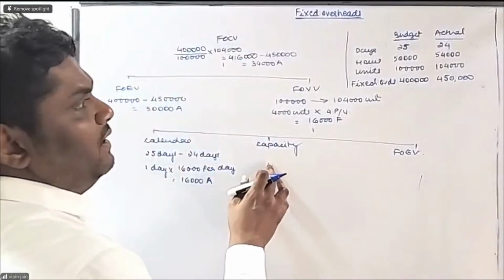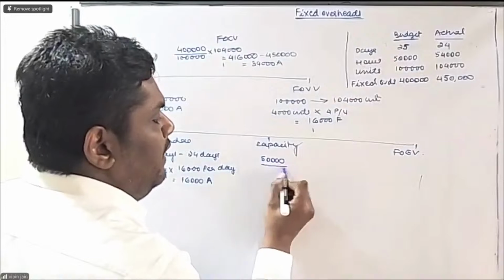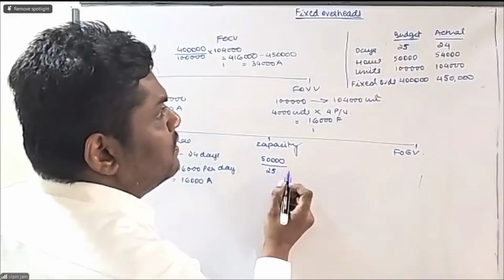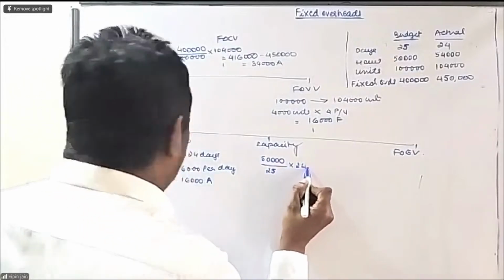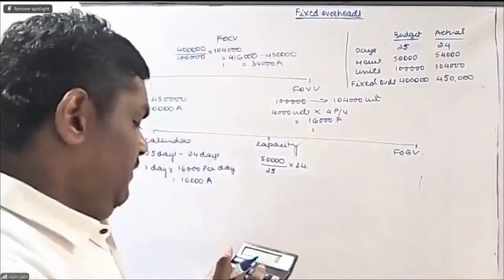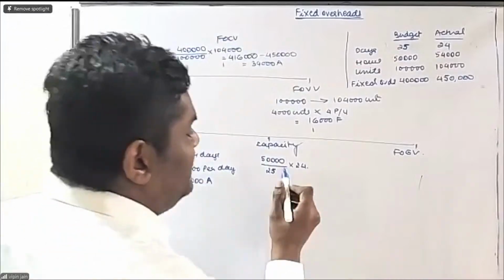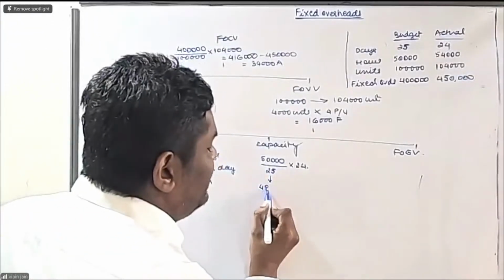Further capacity, 50,000 hours in 25 days. So in 24 days, what was our capacity? 48,000 hours.